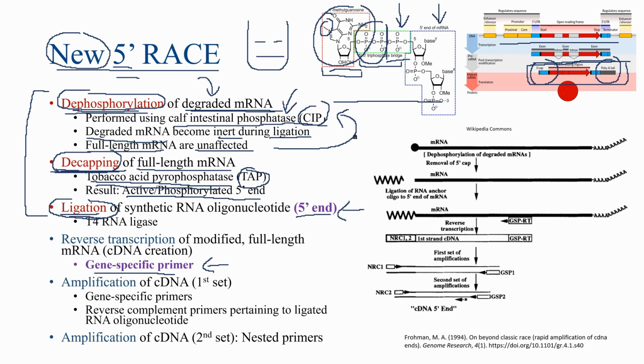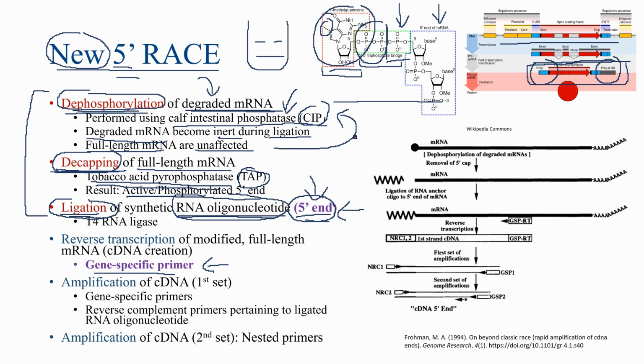So the next step is ligating a synthetic RNA oligonucleotide to the 5' end. And this is one of the major differences between the new 5' RACE and new 3' RACE, in the sense that you are ligating a RNA oligonucleotide to the 5' end in 5' RACE, whereas in 3' RACE, you will be ligating the RNA oligonucleotide to the 3' end.